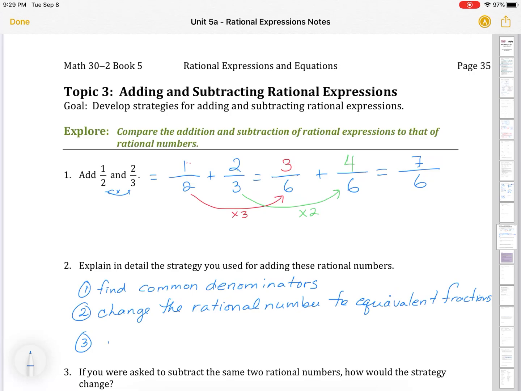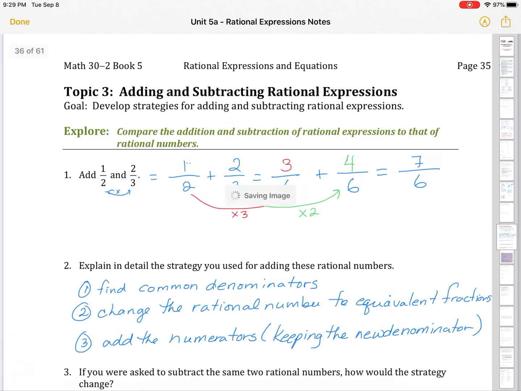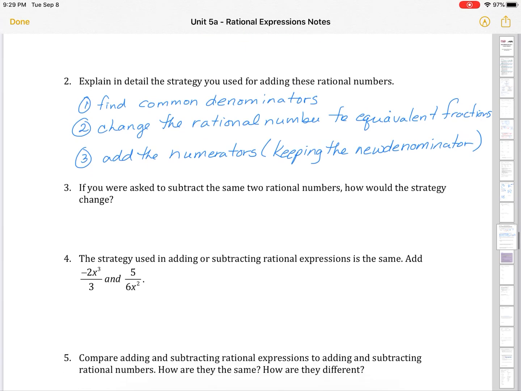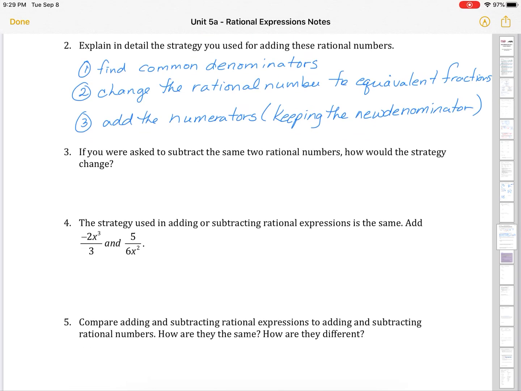And then we add the numerators, keeping the new denominator. Okay, so that's basically what our steps are, and those are going to be outlined later on in the note package. Probably written neater, typed, so you can read them easier.